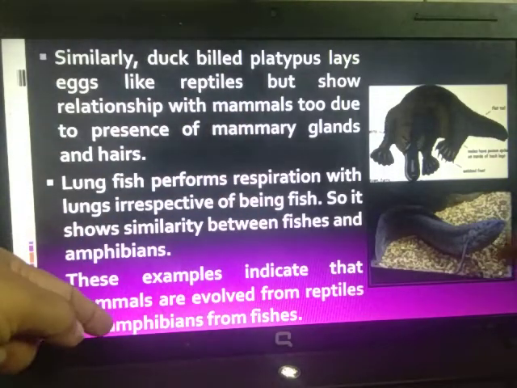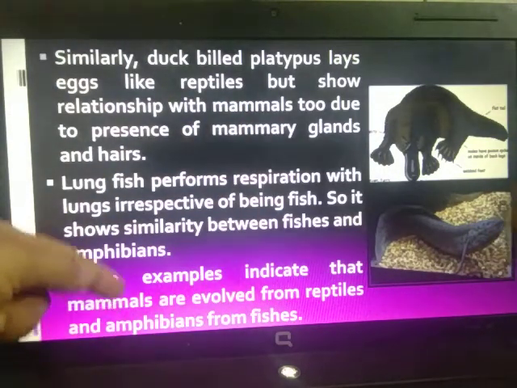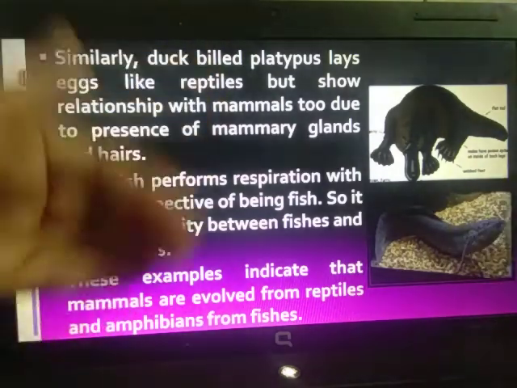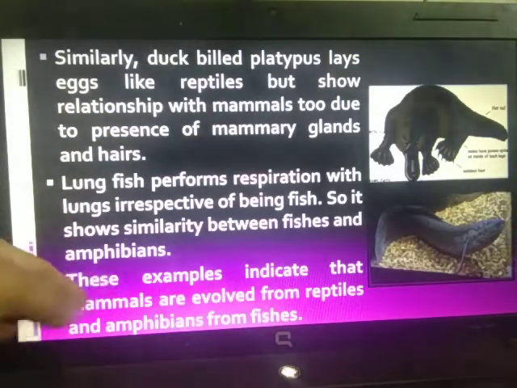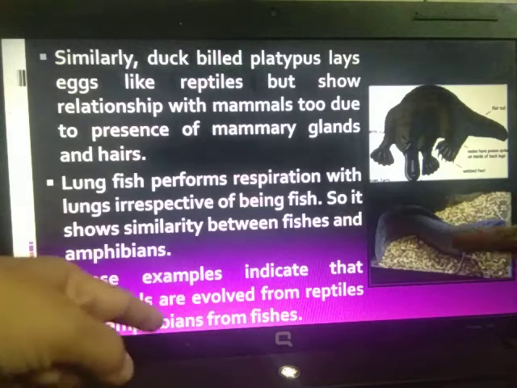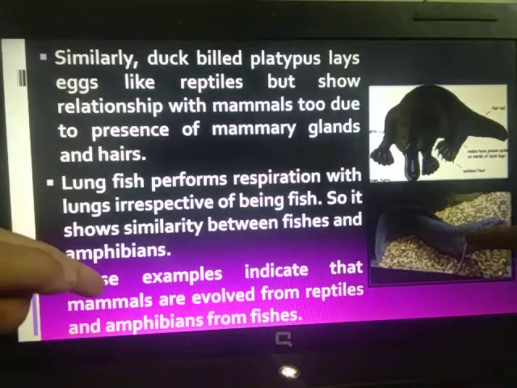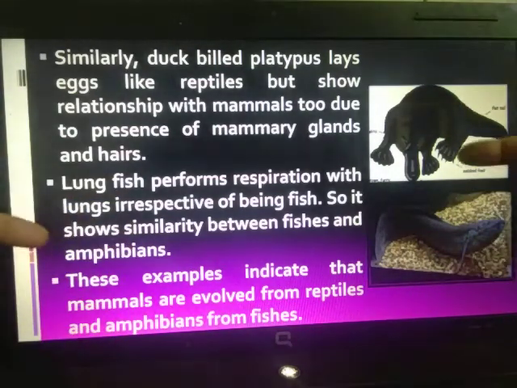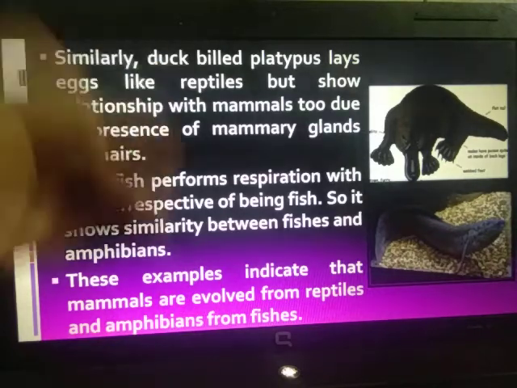And amphibians have lungs for respiration on the land. So this lungfish therefore is a connecting link between the amphibians and the fishes.